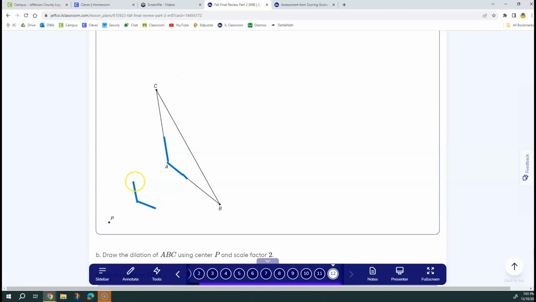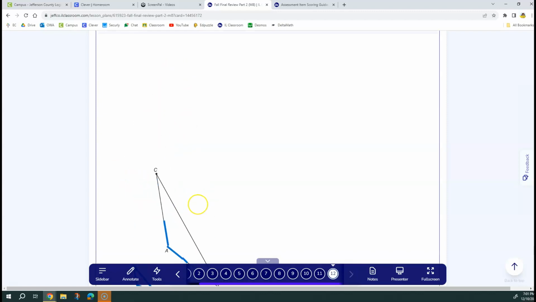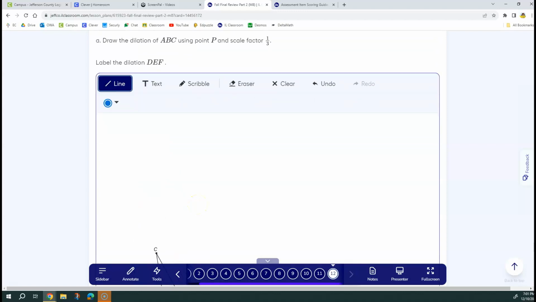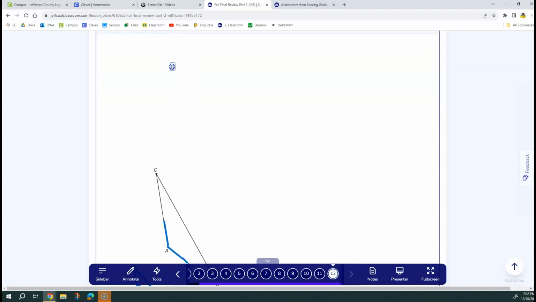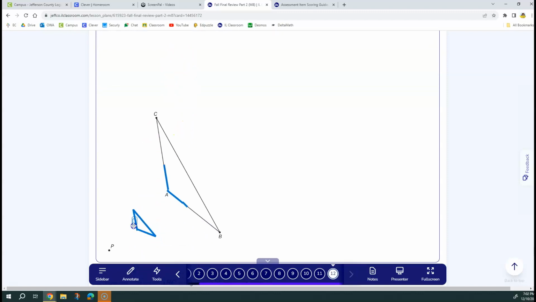Okay, and then 1/3. This is probably a little bit smaller, but you know what? Hey, that's what happens when they don't give us any lines or anything, or rulers even.